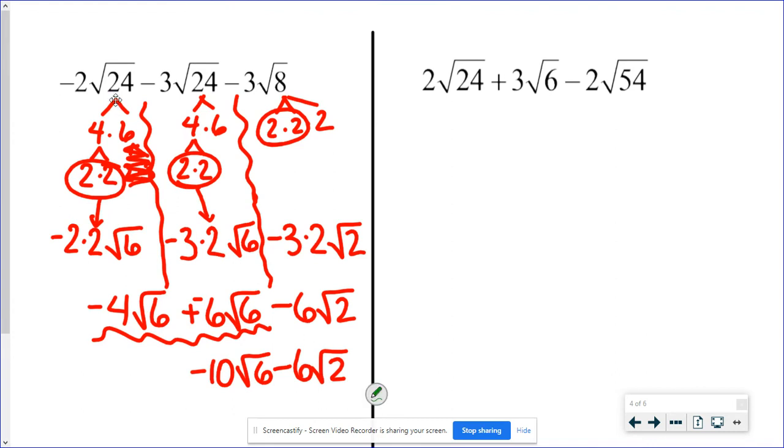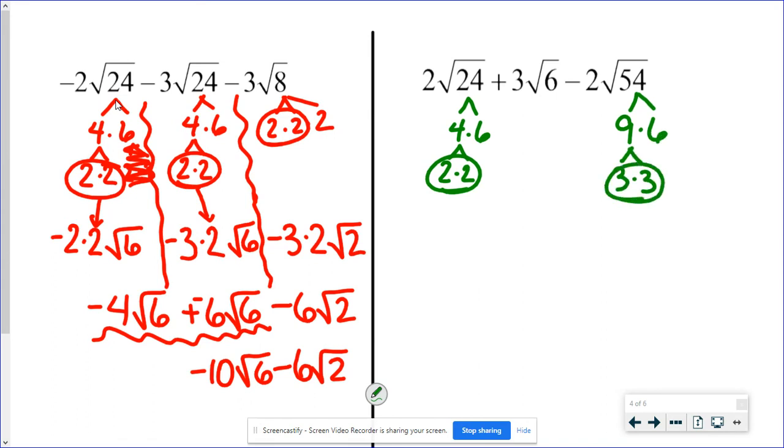In the second problem on this slide, the 24, I know that we just did that twice over here. We'll have 4 and 6, 2 and 2. I'm not going to bother to break down the rad 6. The 54, we've also broken down already today. 9 times 6, 3 times 3.